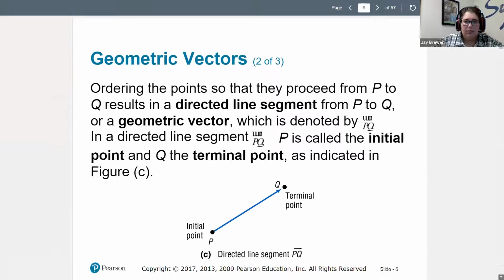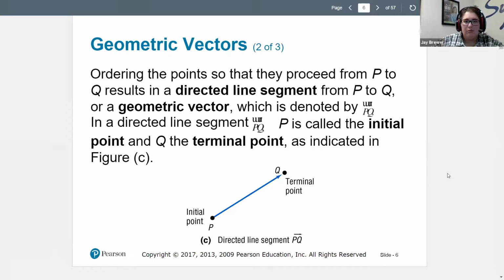Ordering the points so that they proceed from P to Q results in a directed line segment from P to Q, or a geometric vector, which is denoted by the following. Not really sure what that symbol is, so I would just draw it like you see it down here, how they drew it down here. That is what I believe they're trying to do up there. I don't know why they showed it that way.